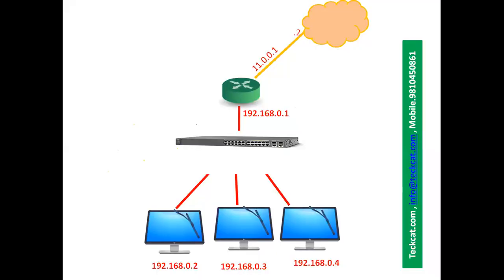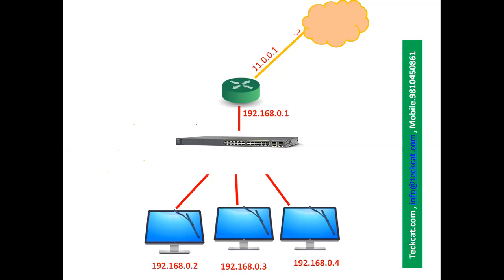See, what I'm telling you, suppose if I assign public IP address in all the computers, what will happen? After assigning public IP address in all computers, you can access anything from the internet.